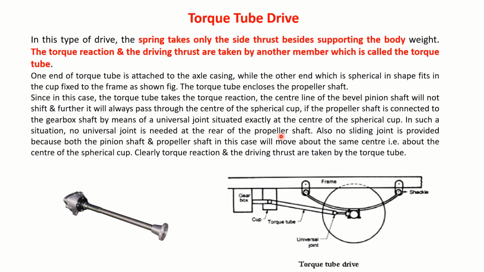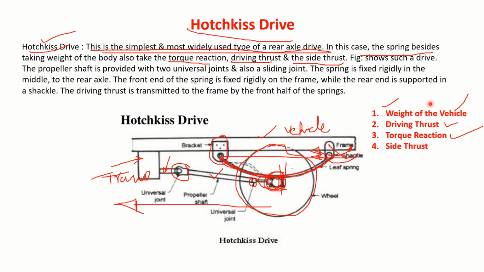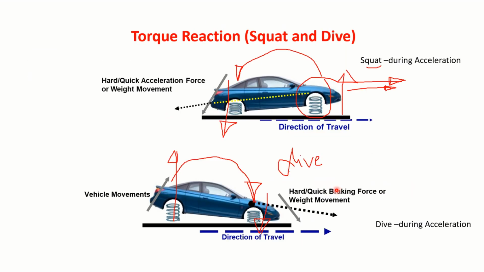So in the Hotchkiss drive you have seen the spring takes too much responsibility, too much stress. Weight of the vehicle, driving thrust, torque reaction, side thrust, all will be taken up by this leaf spring.